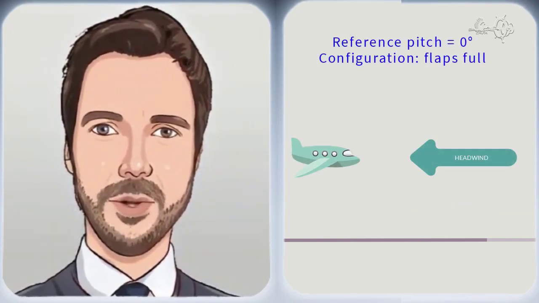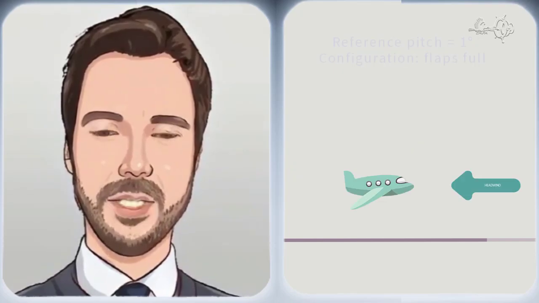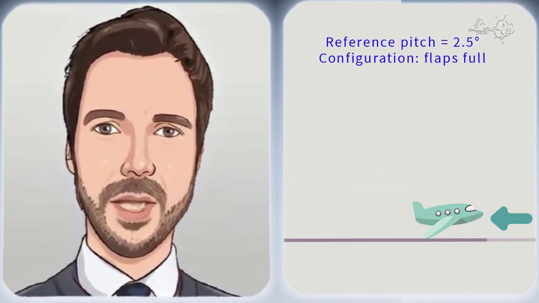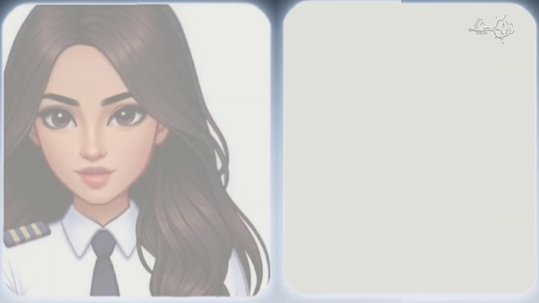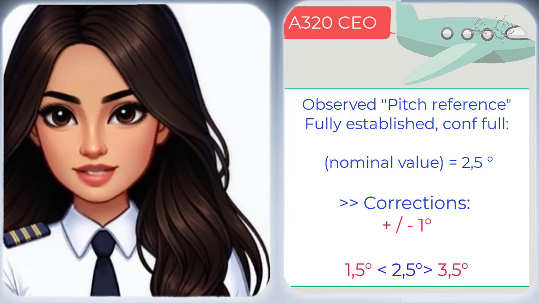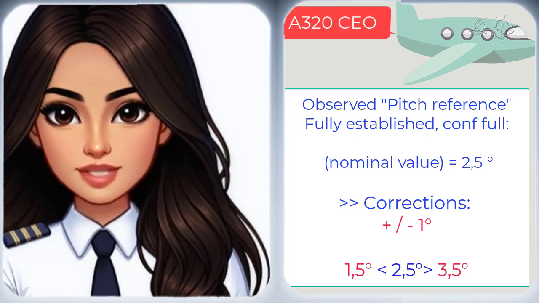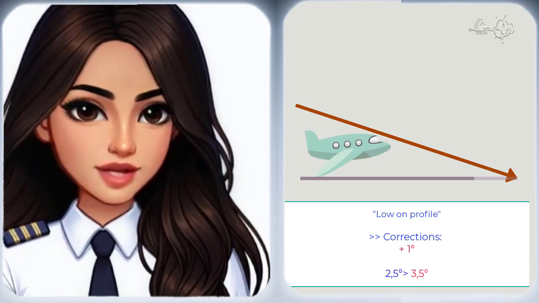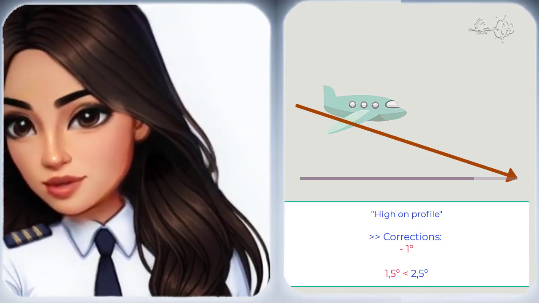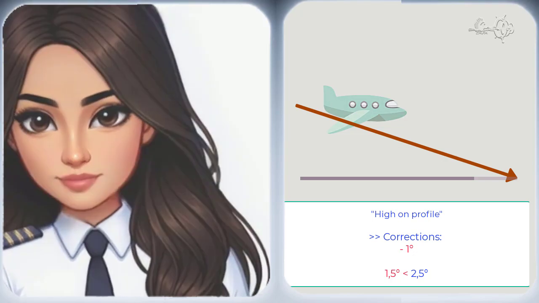Consequently, for the same configuration, as the airspeed reduces over time, the pitch will have to increase to maintain the same lift. Normally, the pitch reference on the approach is around 2.5 degrees, so whenever making corrections, initially aim for a pitch of 3.5 degrees when low on profile or 1.5 degrees of pitch when high on profile.